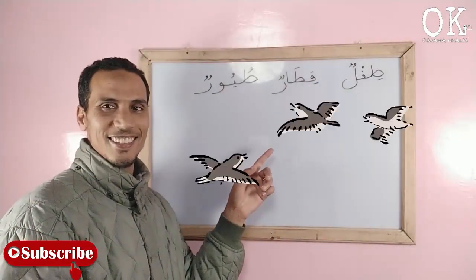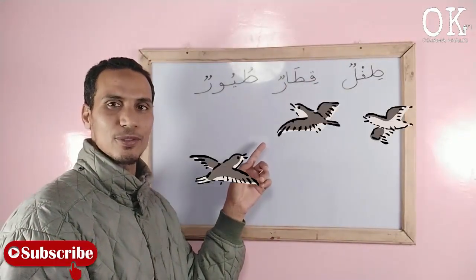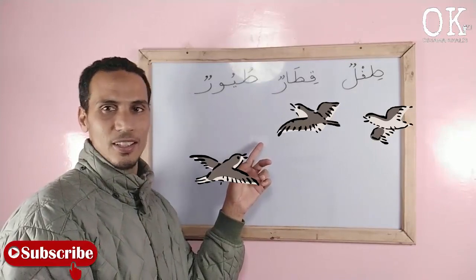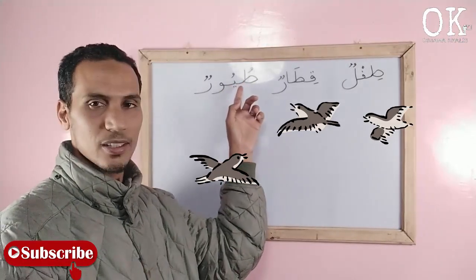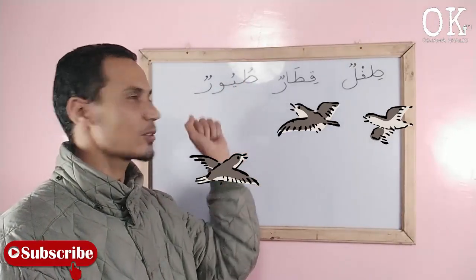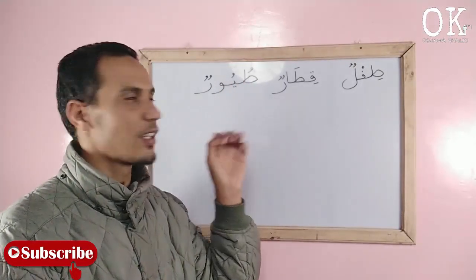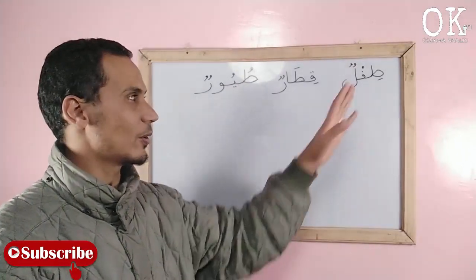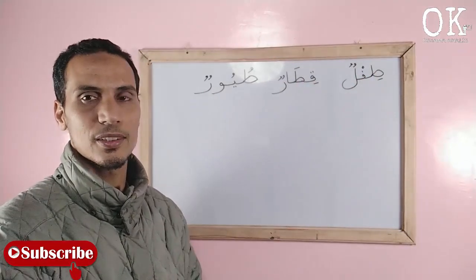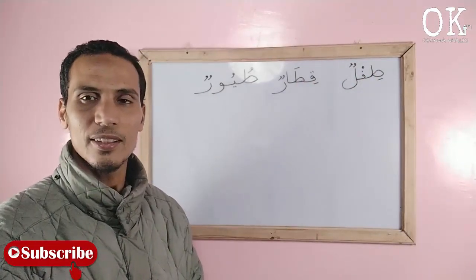And what's this? This is birds. It's plural. So we have طيور. هذه طيور. Now, what is the sound that is repeated on all these three words? The sound is t.